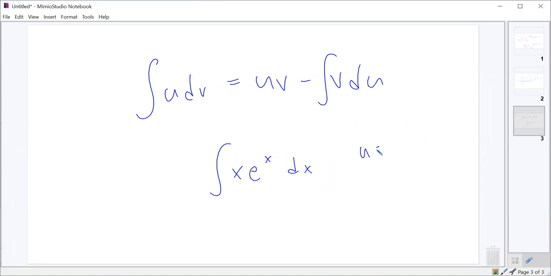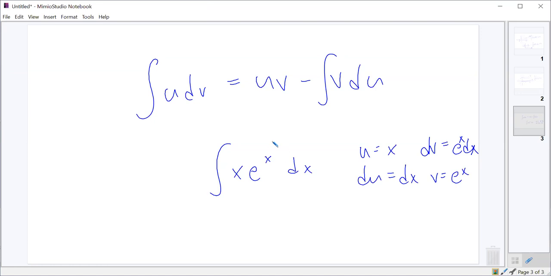Let u equal x, and we should let dv equal e to the x dx, and then we can say that du is just equal to dx, and that v should be the integral of this, which is just e to the x. And then we just go straight through and write out the formula here.